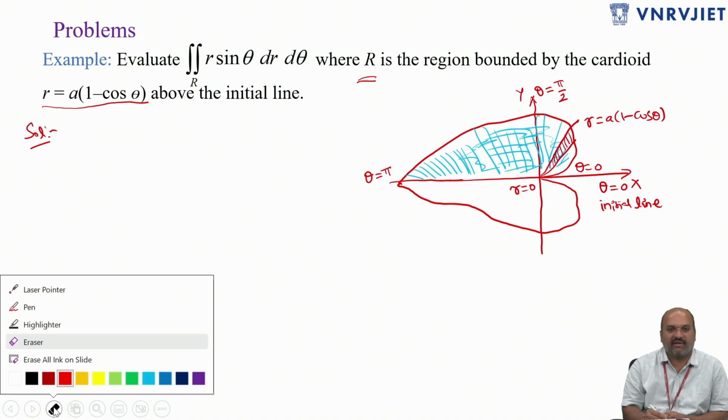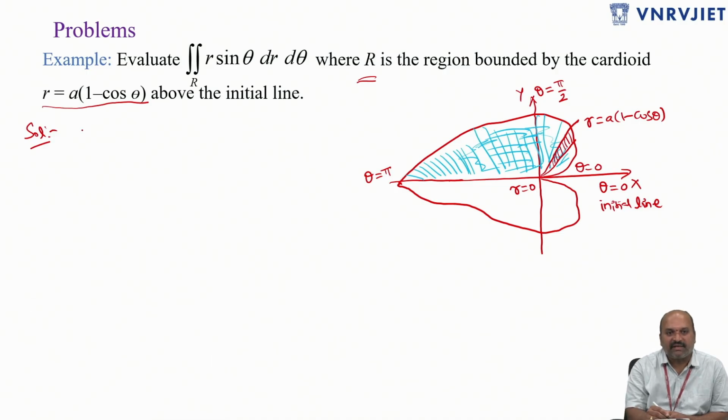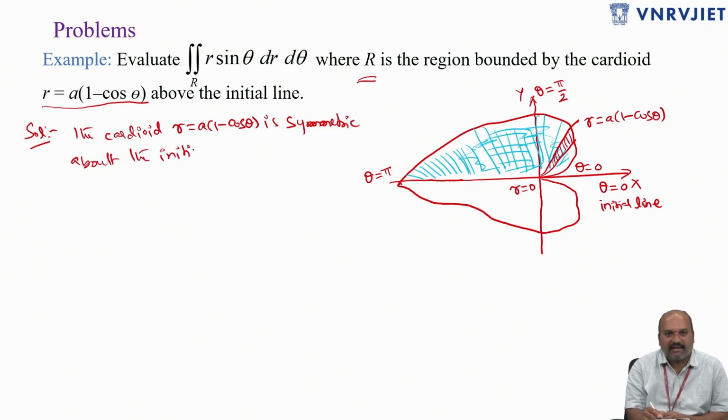The cardioid r equals a into 1 minus cos theta is symmetric about the initial line, and the initial line is nothing but theta equals 0.